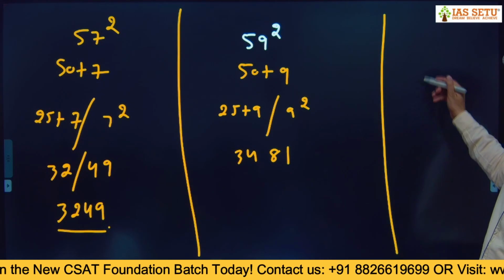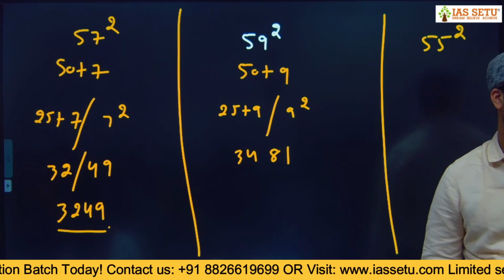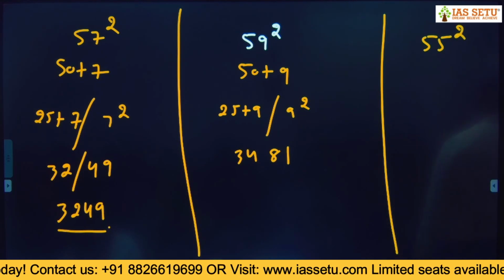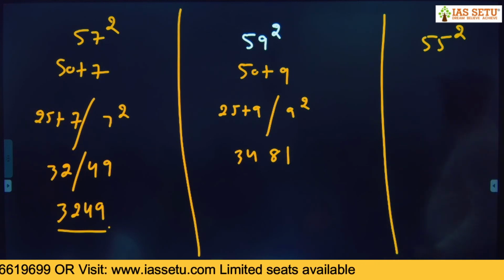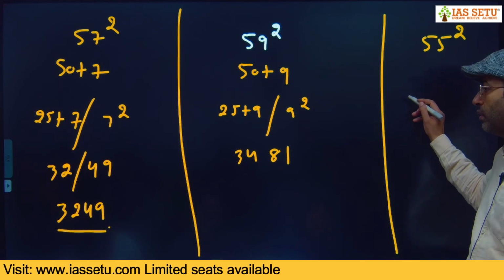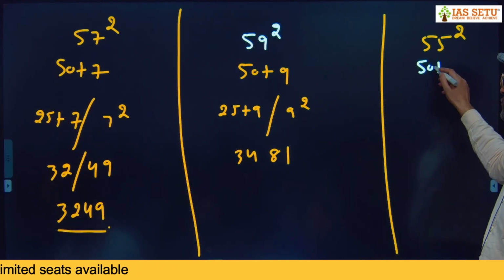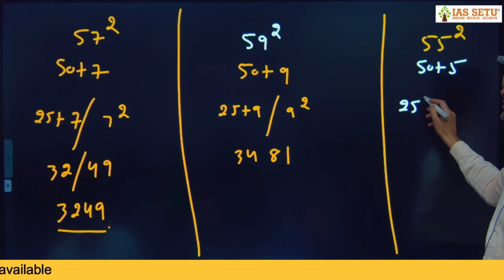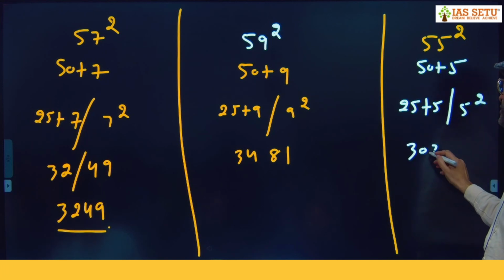Now next is 55 square. So you can break it as 50 plus 5. Left side value is 25 plus 5. Right side is 5 square. 3025.